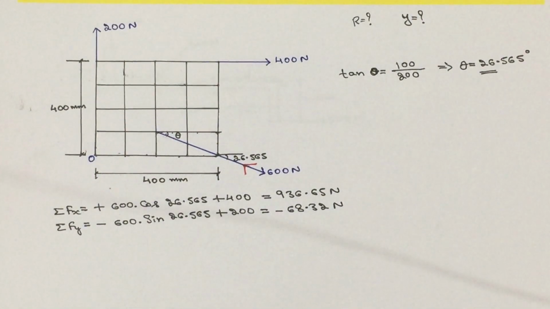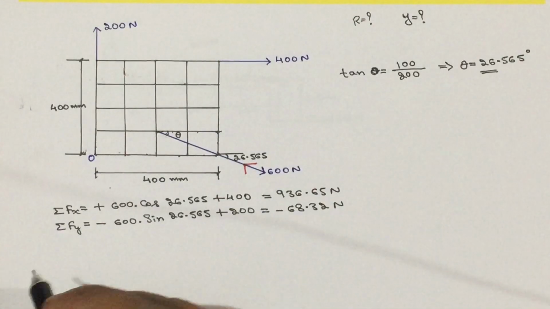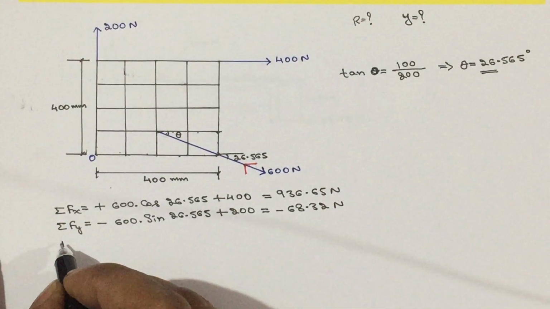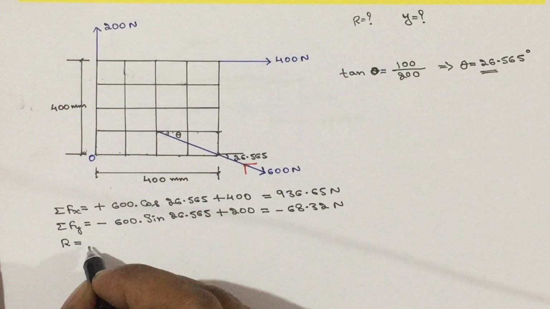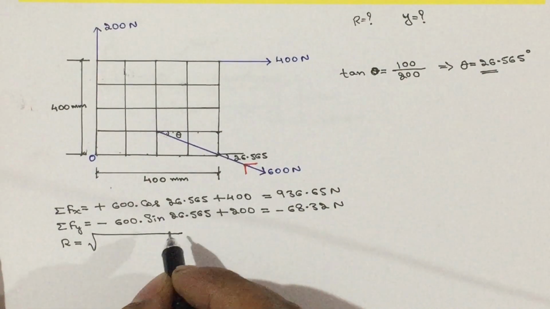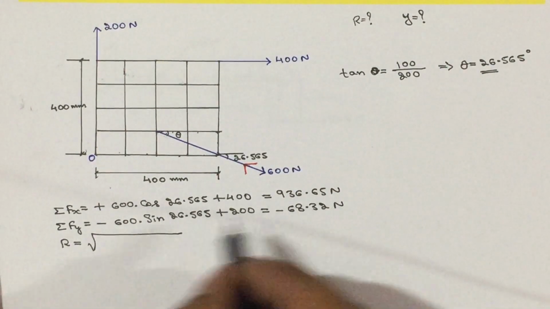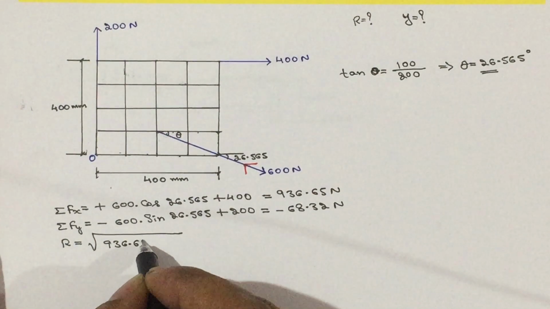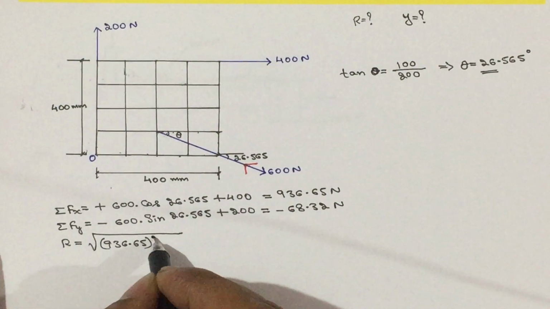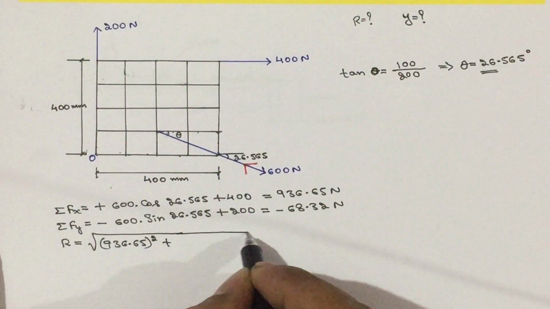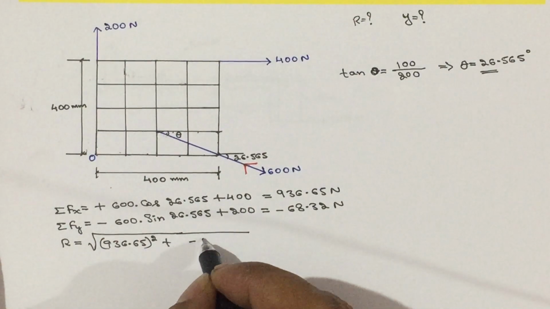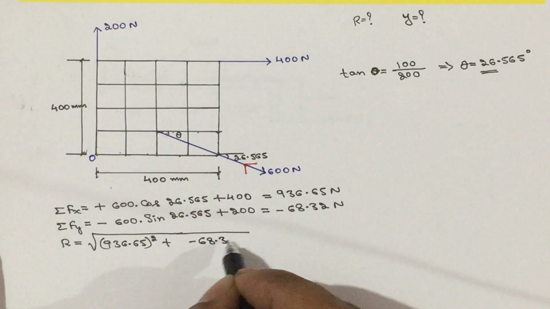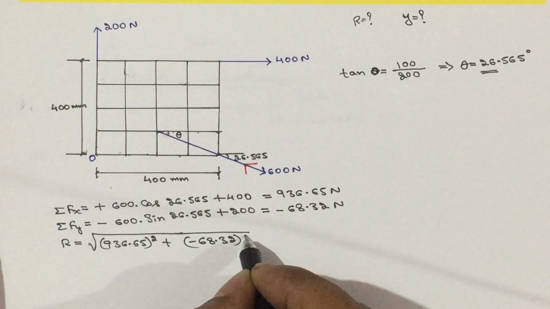Once we get these two, we can calculate r and theta. r will be equal to square root of sigma fx square plus sigma fy square. Sigma fx is 936.65 square plus sigma fy is minus 68.32 square.